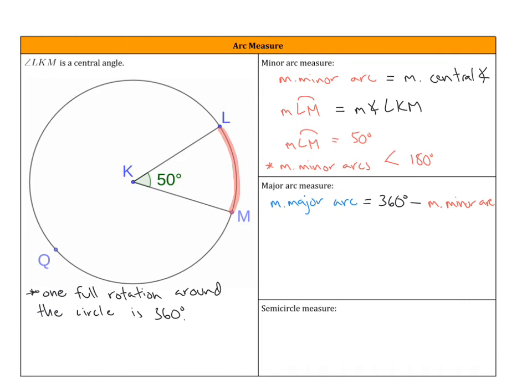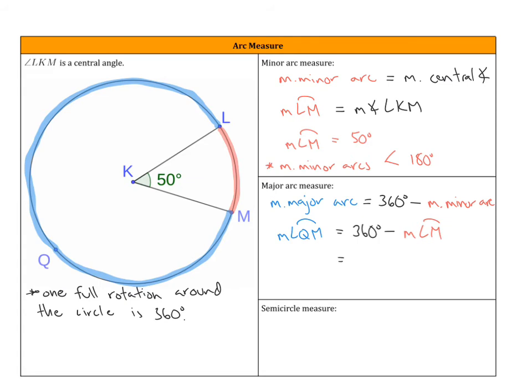So the major arc here, again, we can start at L. We go around the circle to Q, and then we finish at M. So that's how we name that major arc, arc LQM. And that measure is equal to 360 degrees minus the measure of arc LM.